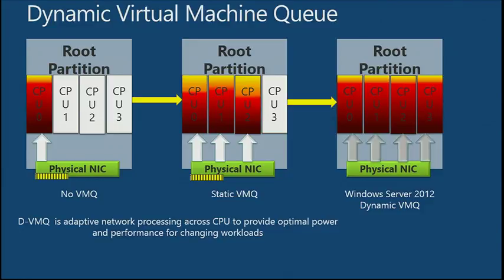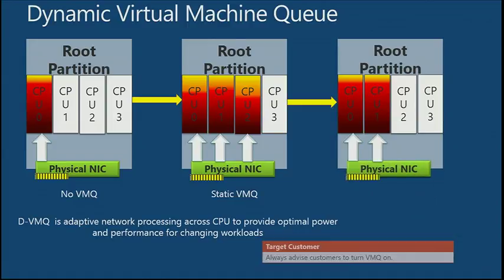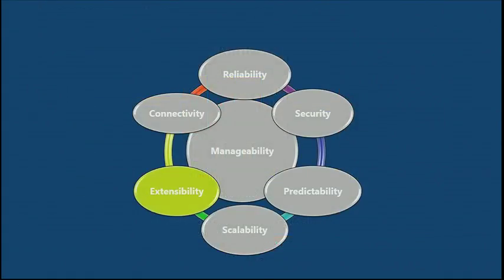Dynamic virtual machine queue lets us figure out the right number of processors to use in the root partition, or parent partition, to manage that traffic. Even if CPU 0 is getting hammered, we can still spread the load across other CPUs. This is about scaling better in the VMQ offload. So always turn VMQ on.